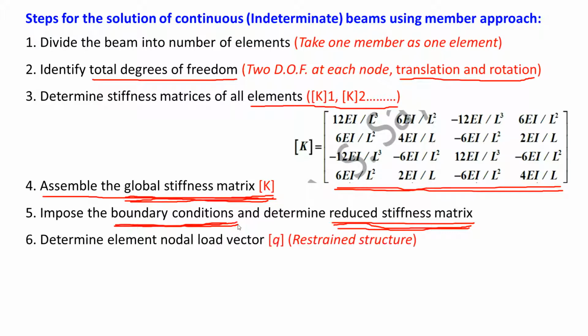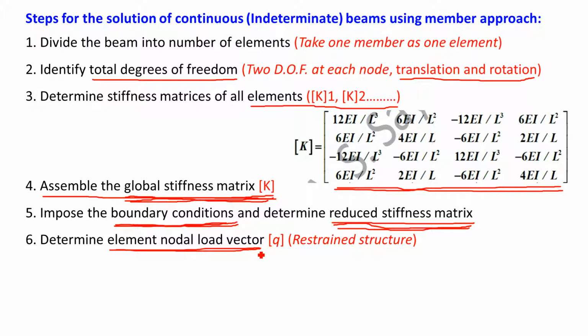Now, once you find the reduced stiffness matrix, the next step is to find the element nodal load vector. Whatever members or elements are there in the given beam, you have to restrain all the supports of those elements. Restrain means fix.